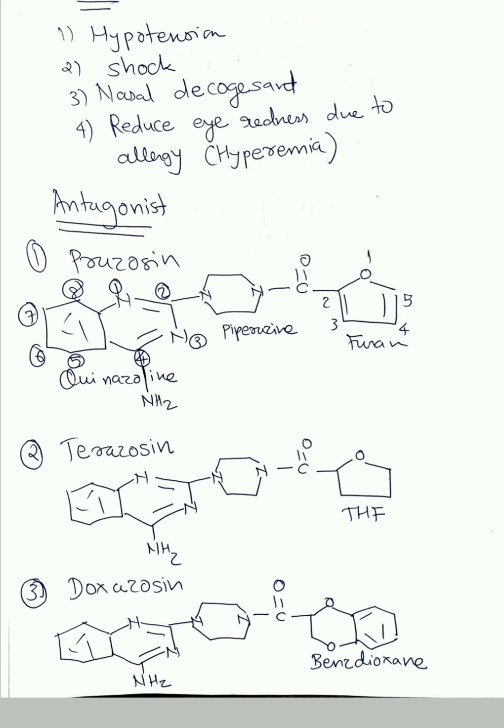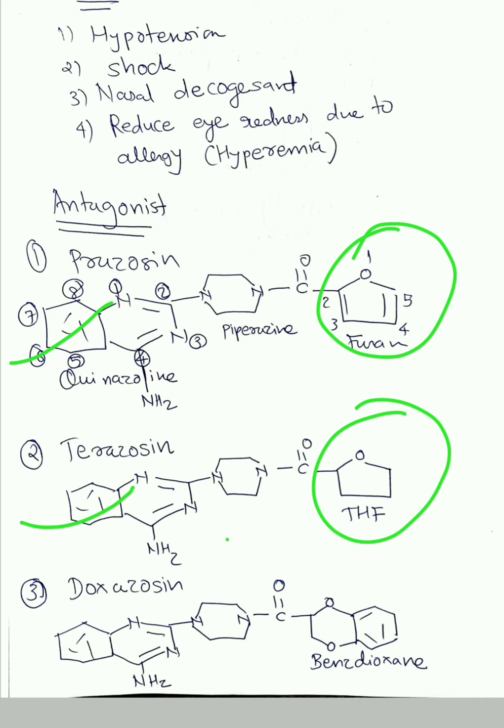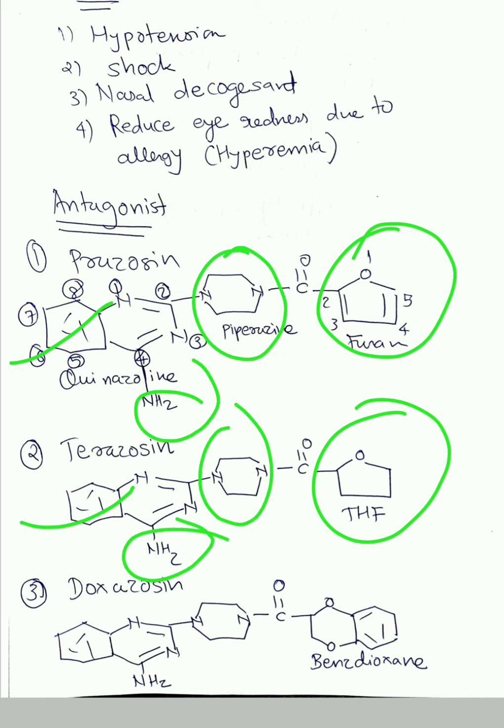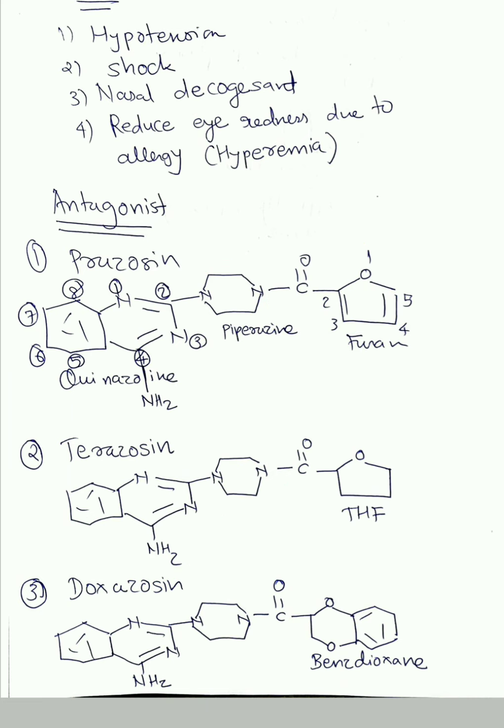Next structure is of terazosin. The only difference I can see is here. See, quinazoline is there, NH2 is there, piperazine is there, carbonyl is also there. Just these bonds I cannot see here. The bonds are missing. This structure I have also covered in my previous video: tetrahydrofuran. Why?